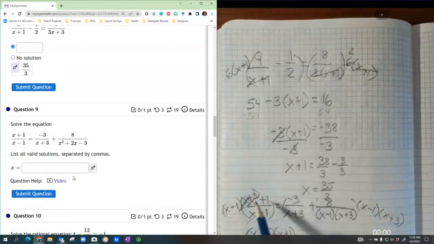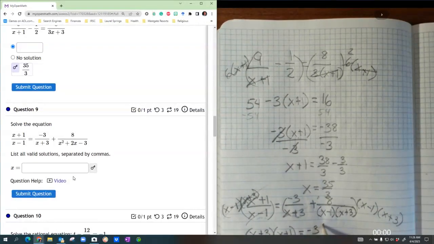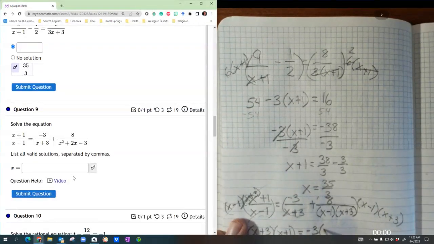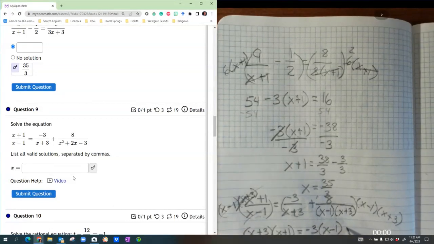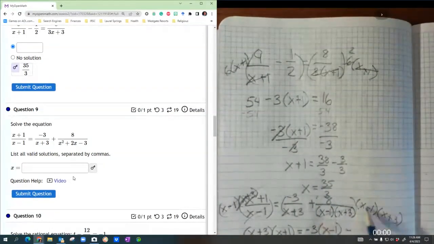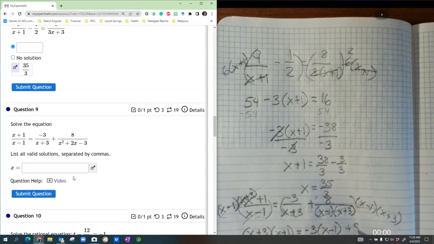Then this wipes this out, leaving me with negative 3 times x minus 1. And this completely wipes all that out, leaving me with just positive 8.